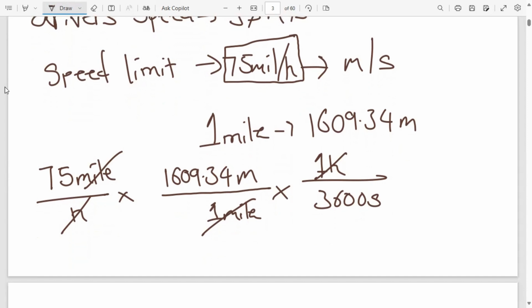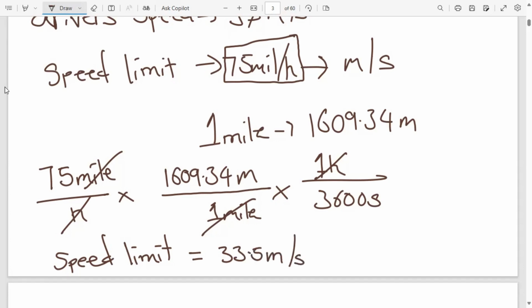We get a speed limit of approximately 33.5 meters per second. Let me just check it again: 75 multiplied by 1609.